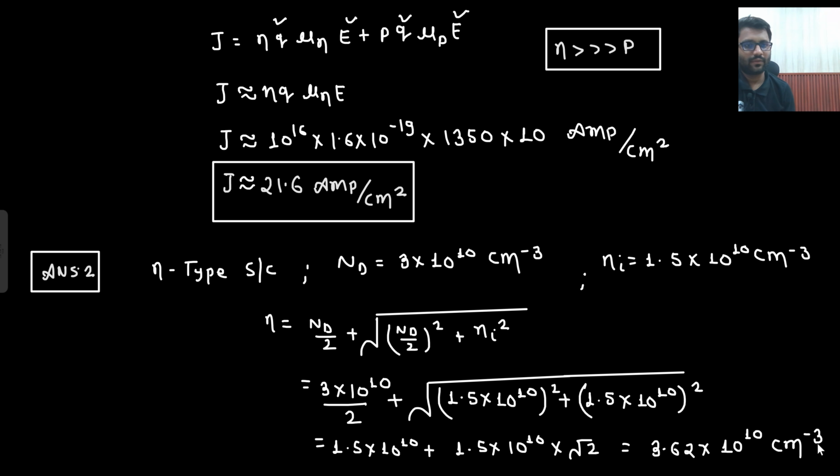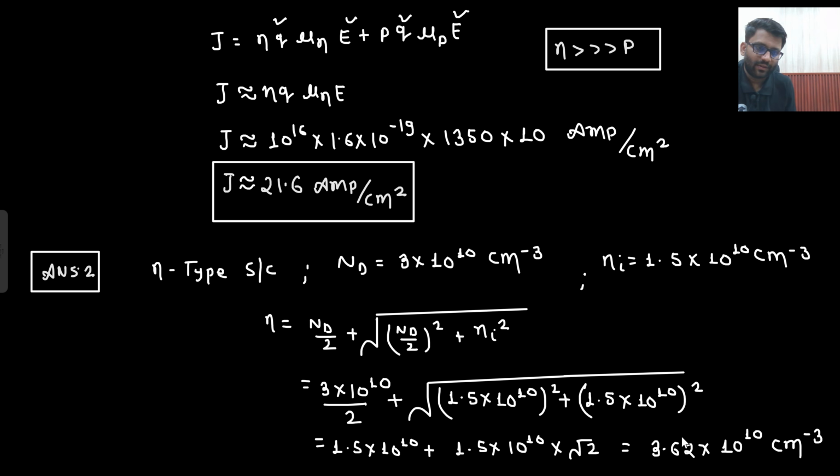Okay, fine. Let's check the calculation again. Yeah, 3.62 × 10^10, right? So this is your electron concentration that I am writing down on the next page: 3.62 × 10^10 centimeter cube inverse.